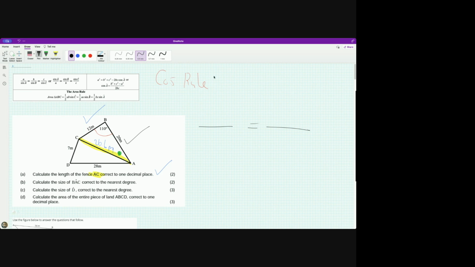It's not wrong, but in this case I would go sine of BAC over 12, which is opposite, is equal to the sine of 110 divided by what's opposite that.